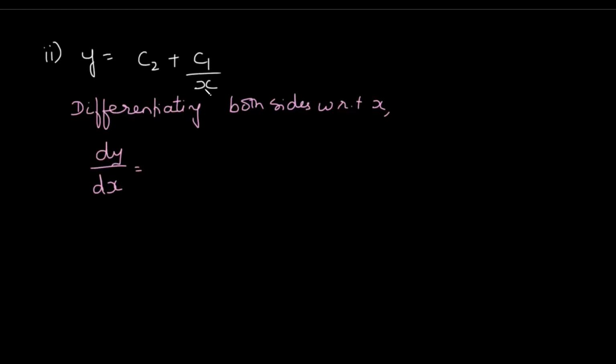And what about c1 upon x? You know that the derivative of 1 upon x is minus 1 upon x square. I have told you how it is obtained earlier. So we get dy by dx is equal to minus c1 upon x square.